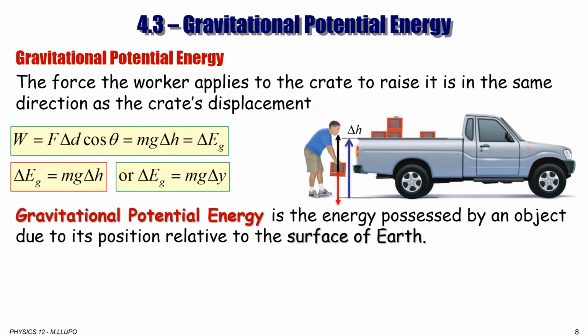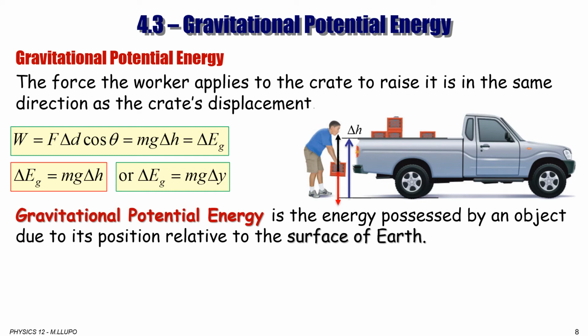Later on, we're going to see that gravitational potential energy is transformed into the kinetic energy of the moving water, and that is going to be transformed into the kinetic energy of the moving turbines, and then it's going to be transferred to electric energy. So it is because of its position. The higher the position, the higher the gravitational potential energy.